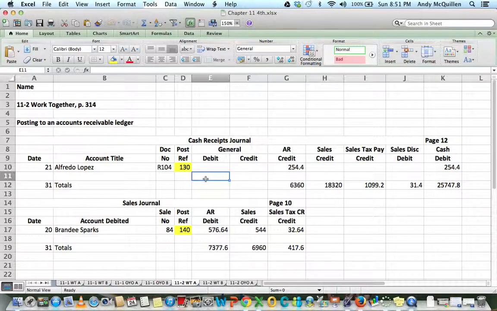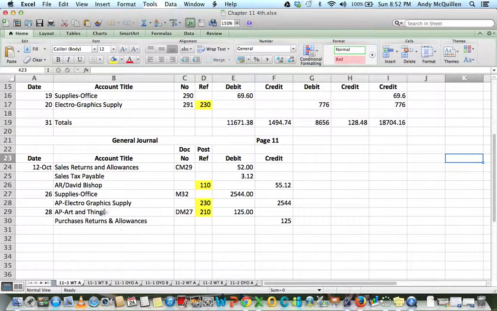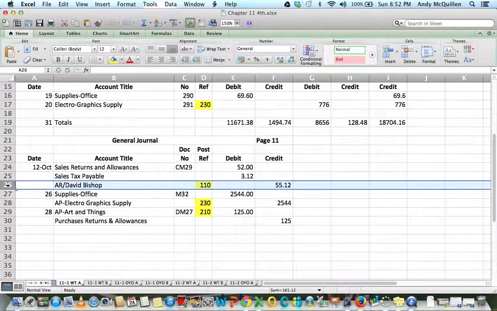And then it says post the credit entry of the general journal to the accounts receivable account for David Bishop. That's where we have to go back to 11.1 work together. When you do it on your own, you will go back to 11.1 on your own. So we go to 11.1 work together, and on the 12th of October, we have a credit of 55.12 to David Bishop.